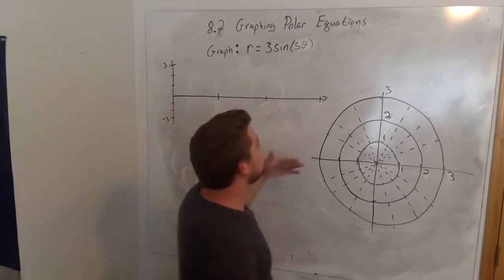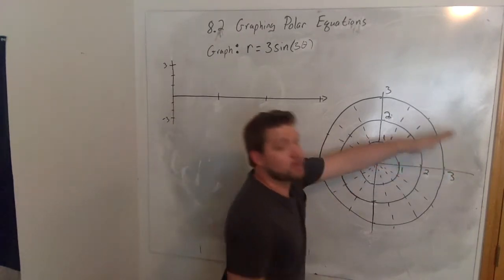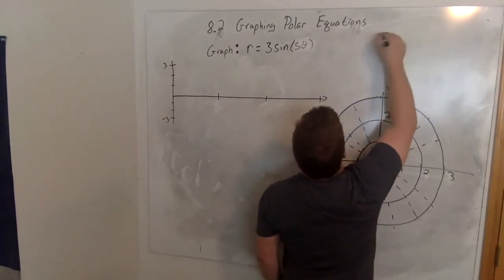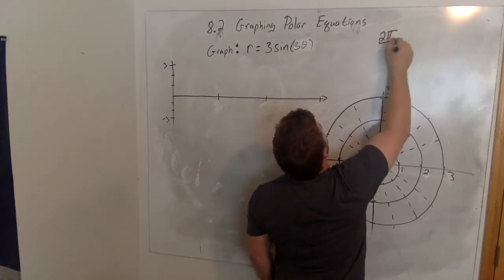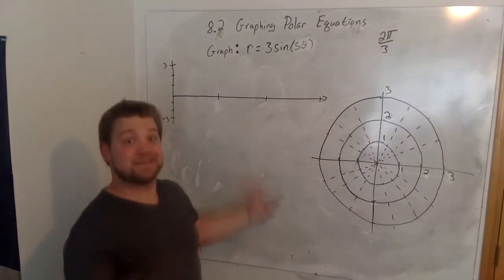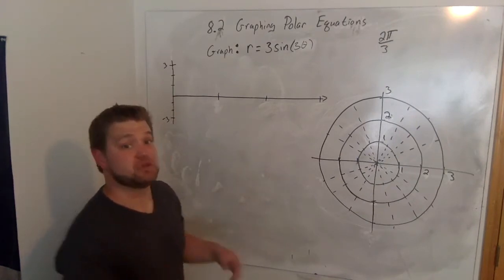Okay, so I at least want to plot points as if we're going around the circle at least one time. Okay, what's the period? Well, the period here will be 2 pi divided by 3. So what I'm going to do is take the entire 2 pi and cut that into 3 pieces.